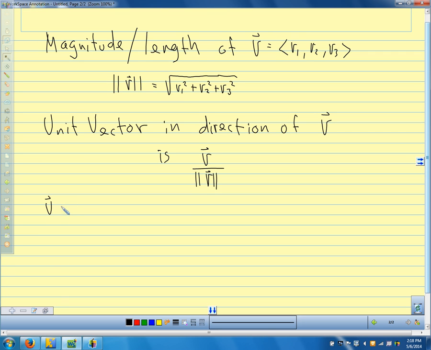If we have u equals the vector u1, u2, u3 in component form, and v is in component form v1, v2, v3. Remember how we found u plus v.